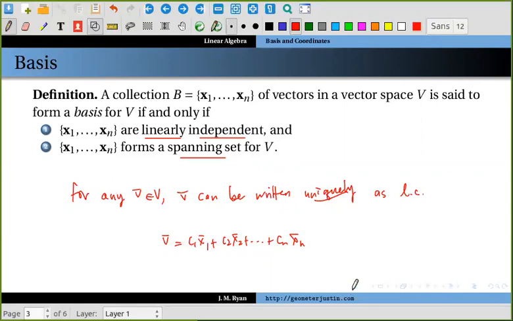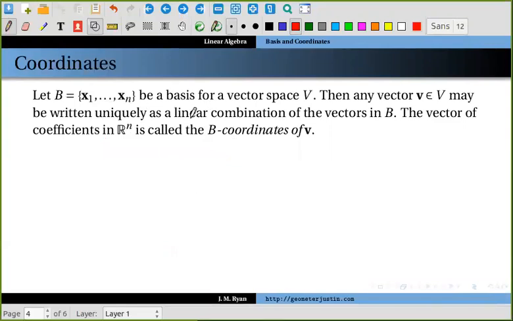This is what we're going to use our basis for. The definition of basis is that it's a collection of vectors that satisfy these two properties, and this is a byproduct of that. So the vector v may be written uniquely as this linear combination, and then the B coordinates of that vector v are c1, c2, etc. These basis vectors we consider to be ordered, in a fixed order.